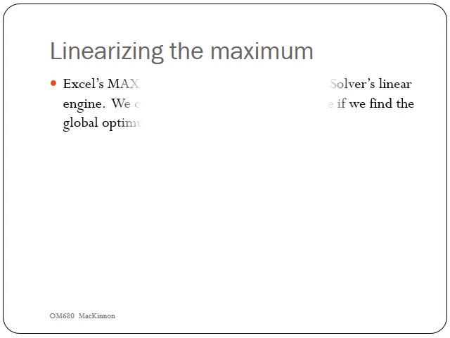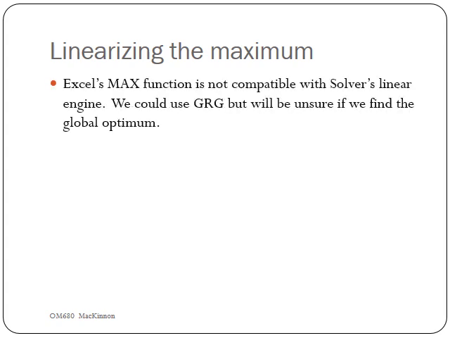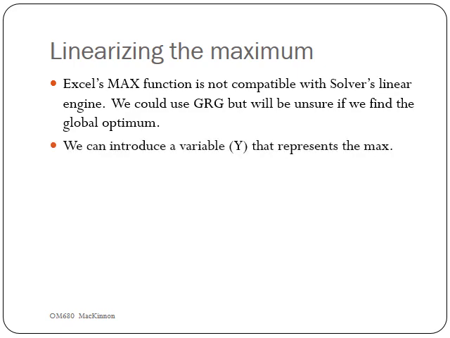So let's linearize the maximum. Excel's MAX function is not compatible with the linear engine. We could use the nonlinear engine, but we can never be sure if we have found the global optimum. So what we can do is introduce a new variable y that represents the max.